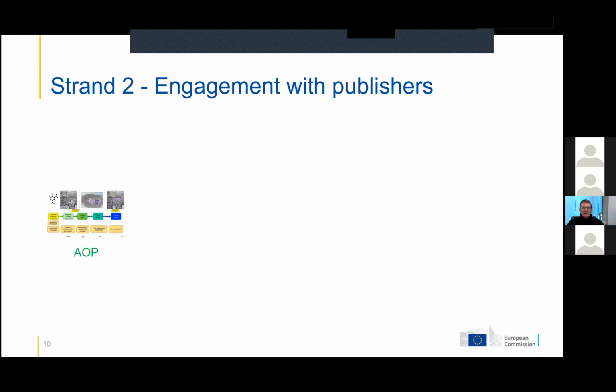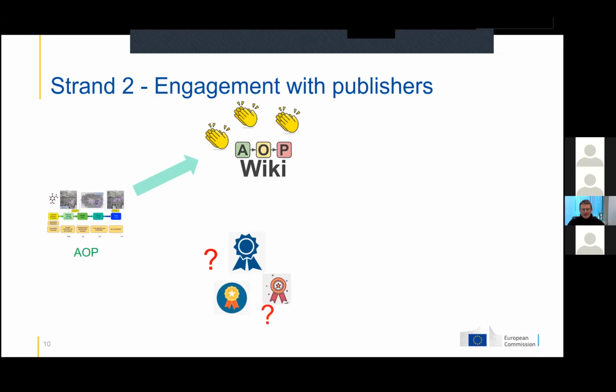If you were brave enough to form a team that creates an AOP, what are you normally supposed to do? You are normally supposed to publish that in the AOP Wiki, and you will get lots of friendly applause by the scientific community. But will you also get your scientific and academic recognition, the thing that you really need in order to progress your scientific career?